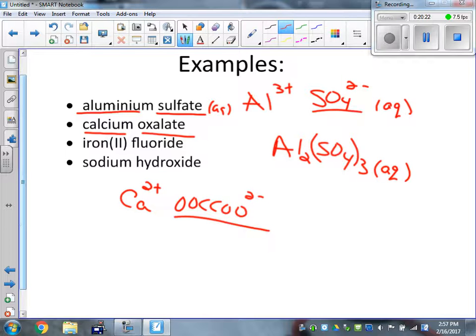If it's down here, this is the not really soluble row, so we say that's a slightly soluble solid. So I would write CaC2O4, and at the end I'd put an S because that's in the bottom row. Good? Question?